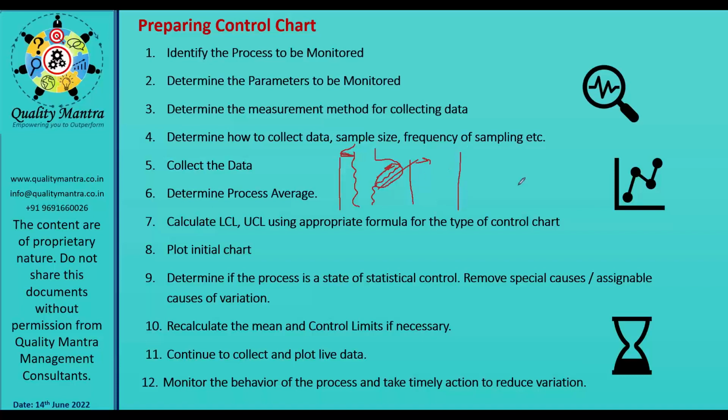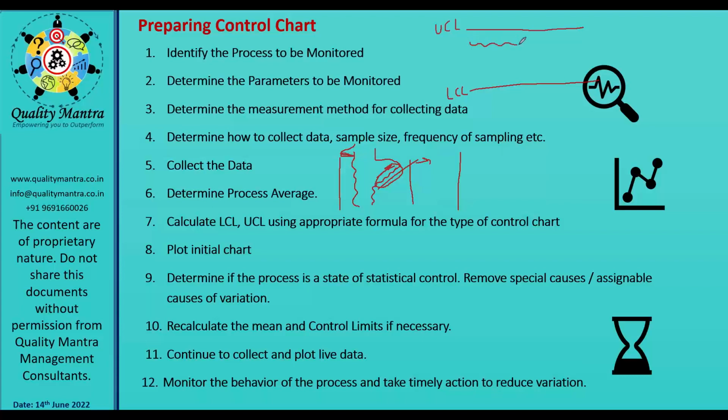Now I will give the example of driving itself. You just imagine this is a road. Basically it is a lower control limit and it is an upper control limit. Okay, now there are three persons who are driving.